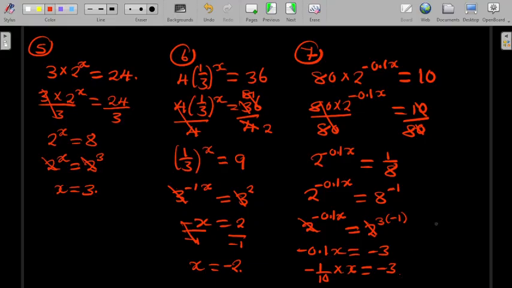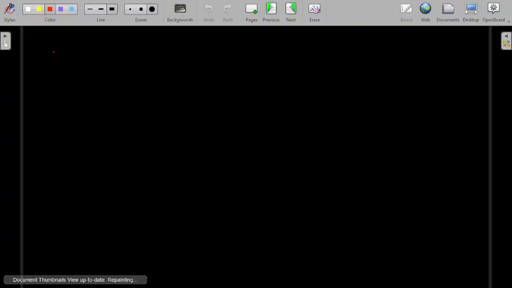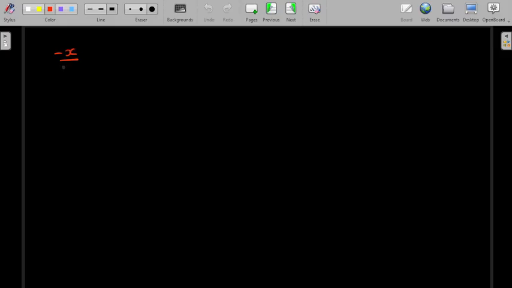So we multiply: negative 1 times x gives negative x. So I have negative x over 10, which is equal to negative 3.